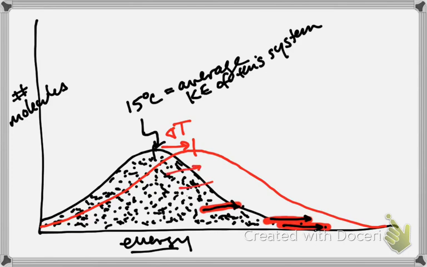So we need to get this guy going and this guy going and this guy going. They all need to start moving, because we need to shift the average, not just get a few of them going. We need to shift a large number of them so that our whole Boltzmann distribution is shifted over to the right to see a temperature change in the entire ocean.